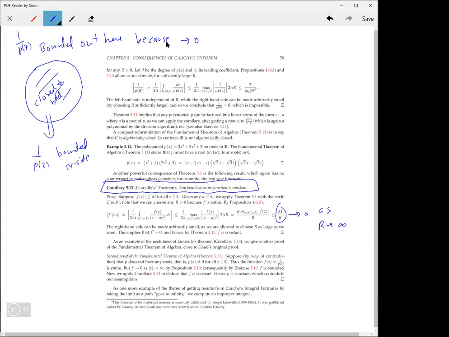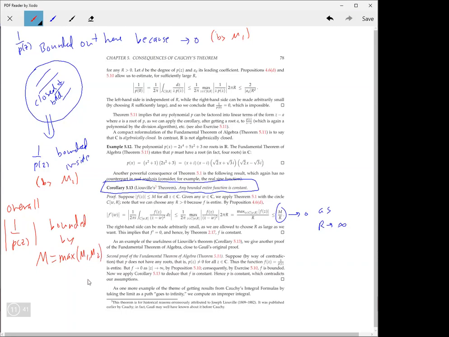Say maybe this one's bounded by M1, and this one is bounded by, say, M2. Then overall, that one's going to be bounded by the maximum of M1 and M2.